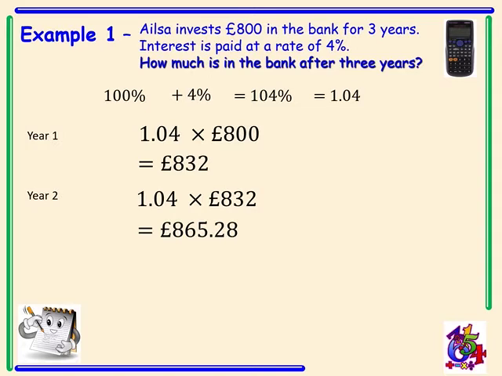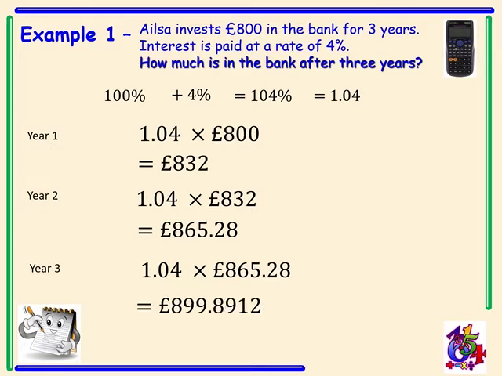£865.28. And finally for year 3, again it's increasing by 4%, so 1.04 times £865.28 will give her a total of £899.8912, and if we round this to 2 decimal places, it's £899.89.